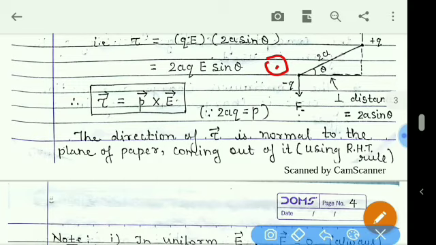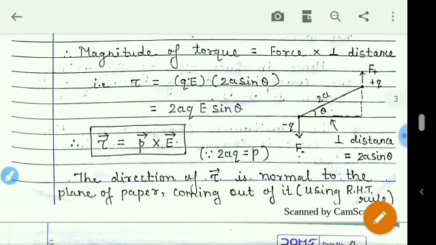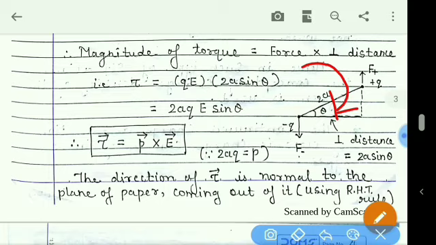Now suppose this electric dipole is rotating in a clockwise direction, then in that case the direction of torque is perpendicular to the plane but moving inside the plane, and that can be represented by a cross. Cross means moving inside the plane of the paper.